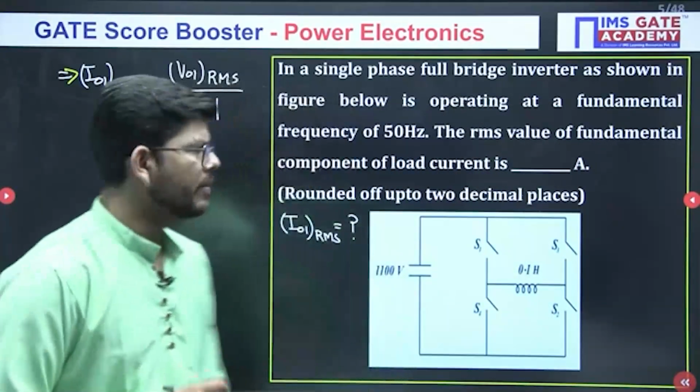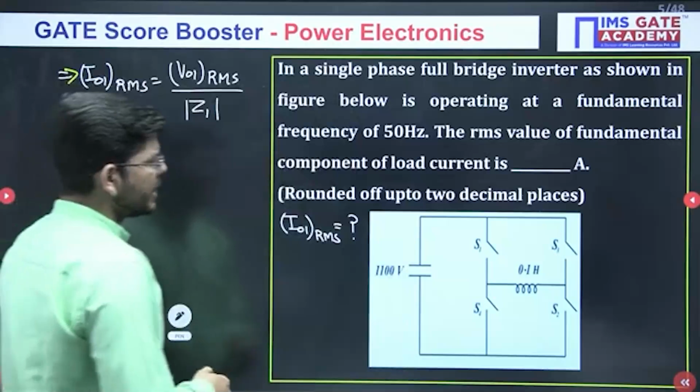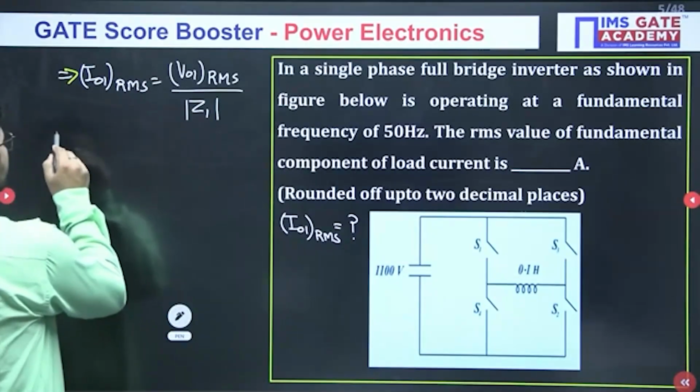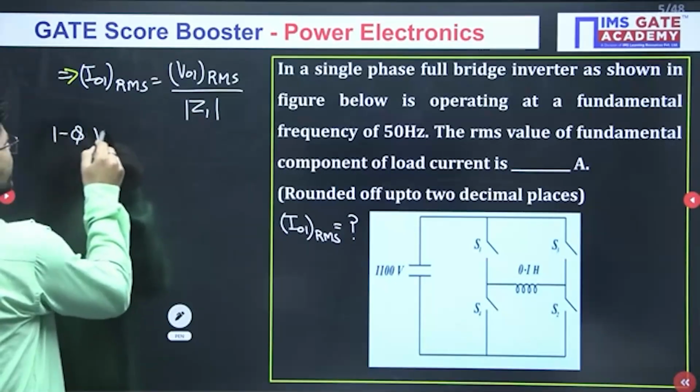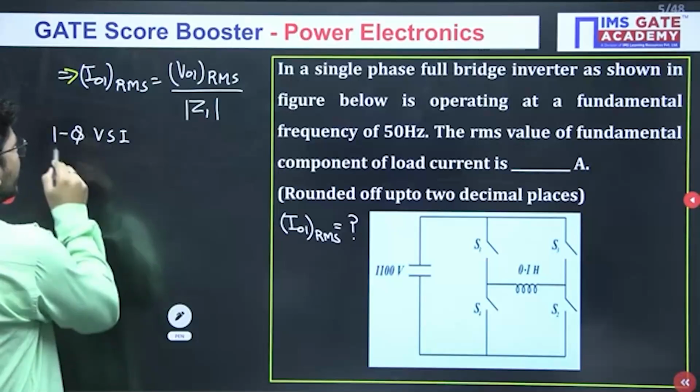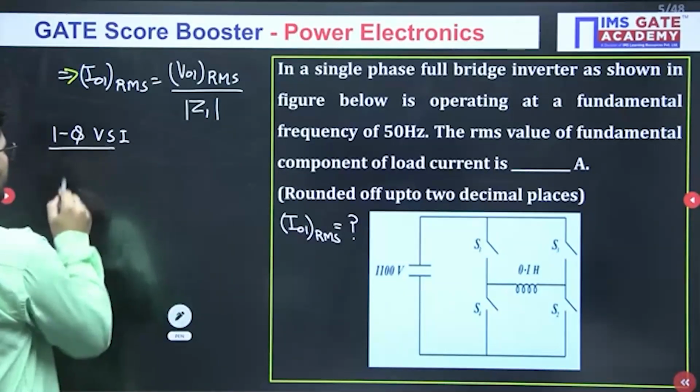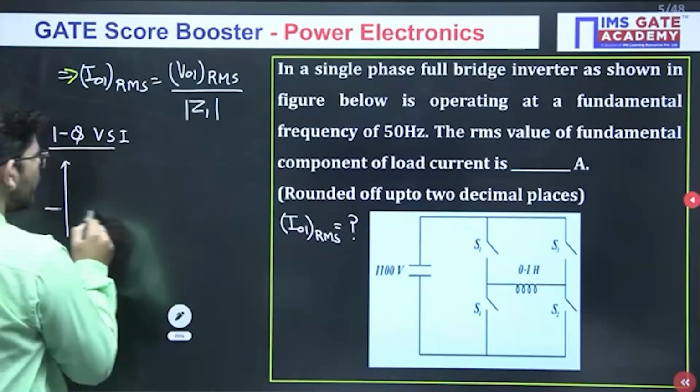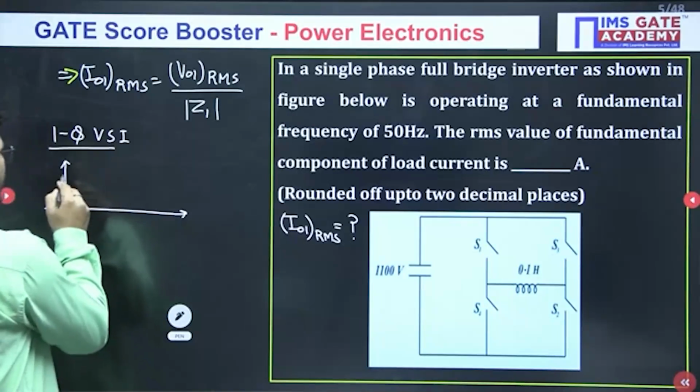So how to find that? This is a VSI, isn't it? So for a single phase VSI, even that of full bridge, what could be the possible output voltage waveform? You know that it will be a square wave.